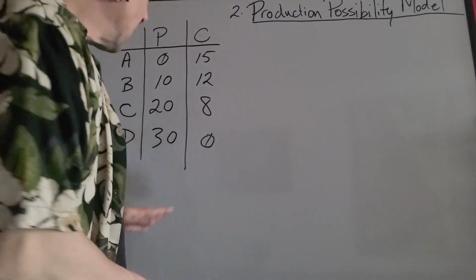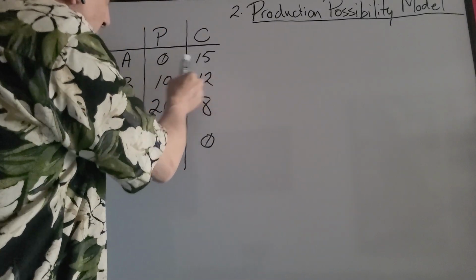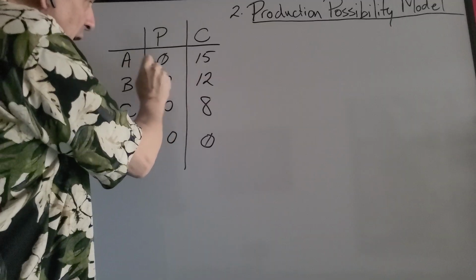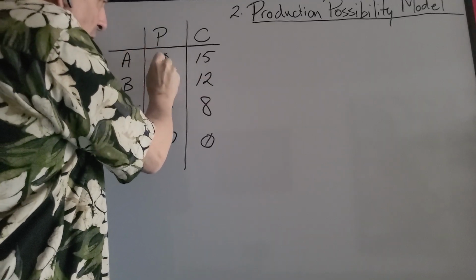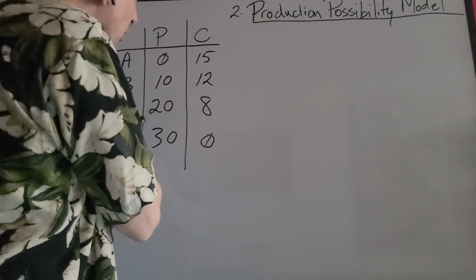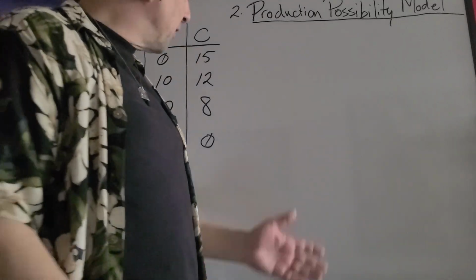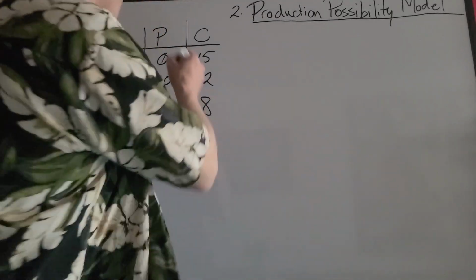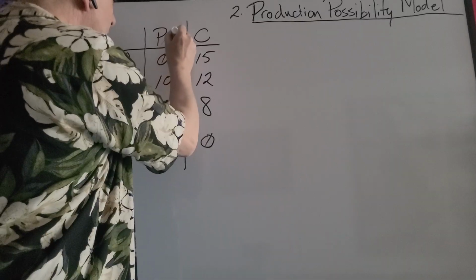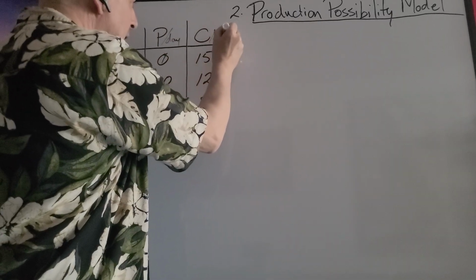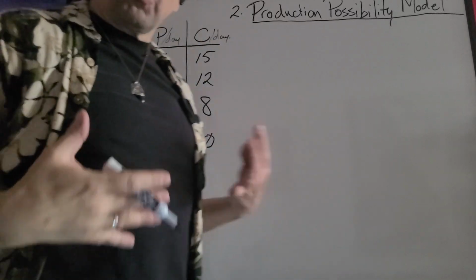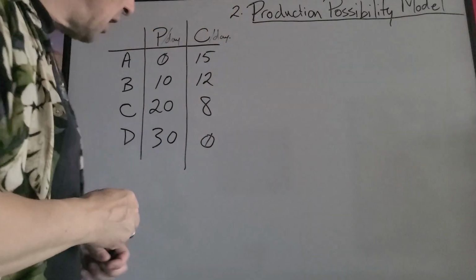So what this tells us is that if we look along here, if we spent none of our time looking for pineapples, we could harvest 15 crabs. Let's say this is per day. It's always sort of within a frame of time.